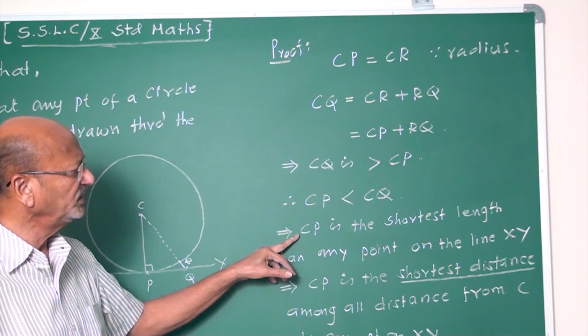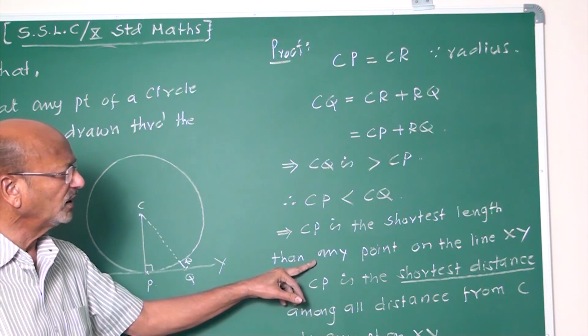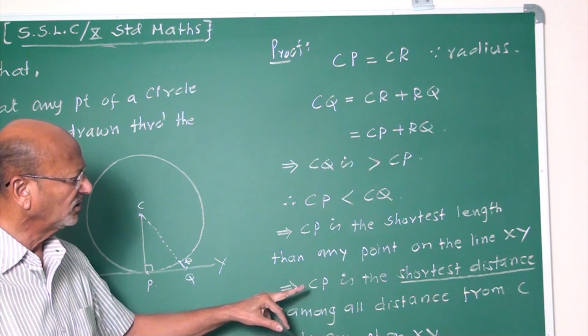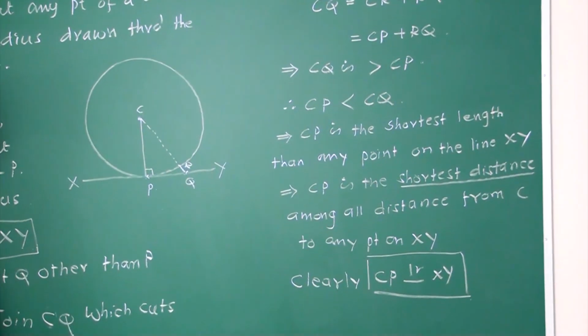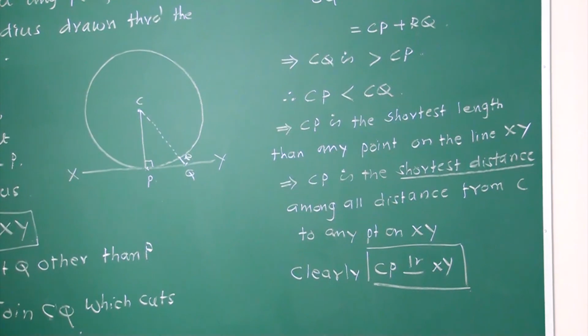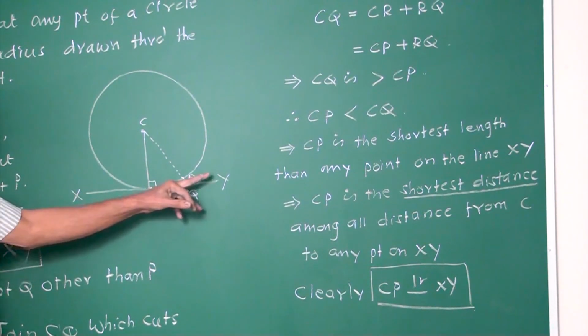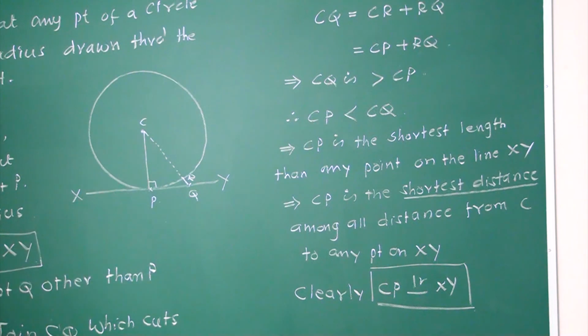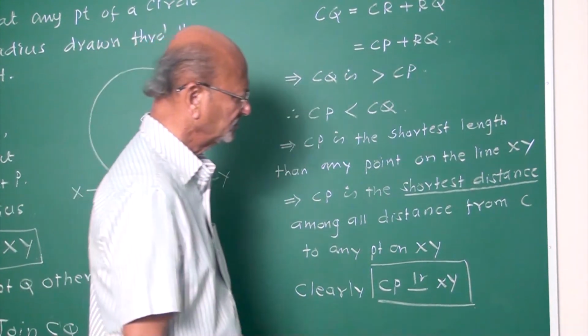Therefore, CP is the shortest length than any point on the line XY. This implies CP is the shortest distance among all the distances from C to any point on the line XY. Therefore, CP is perpendicular to XY, by the result. This is your theorem.